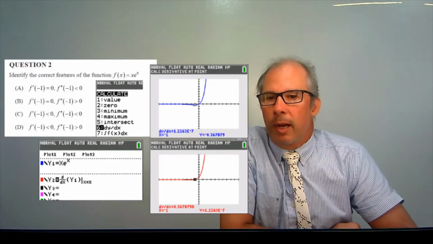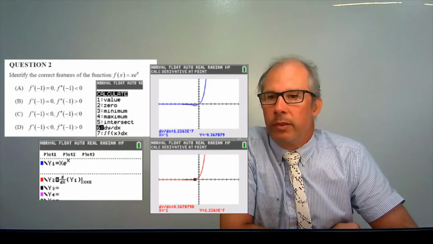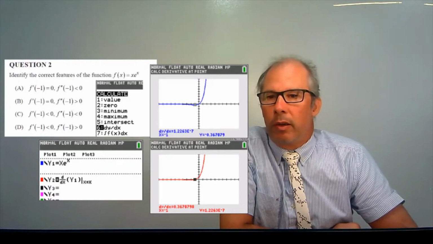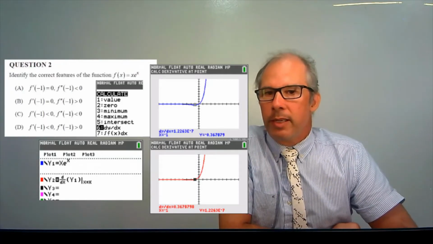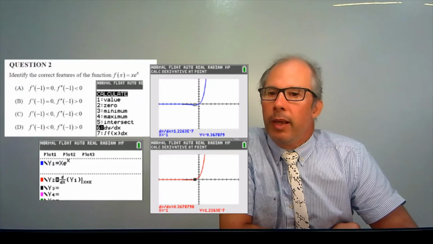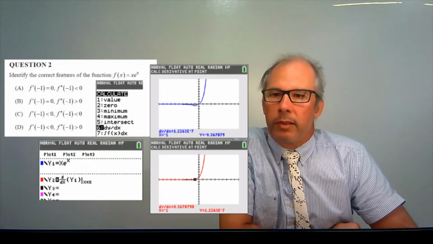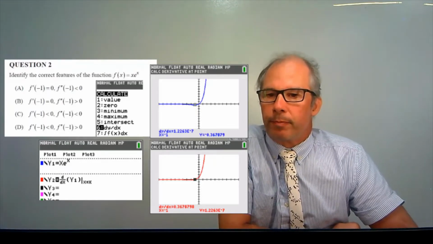If I look at the choices, the values there are f dash of x of negative 1. So the first derivative at negative 1 is equal to 0 or near enough, and then the second derivative at negative 1 is greater than 0. So the answer for question 2 is B.